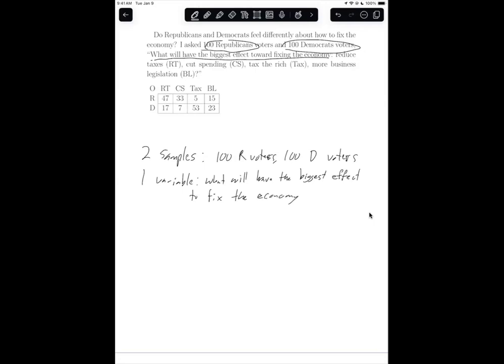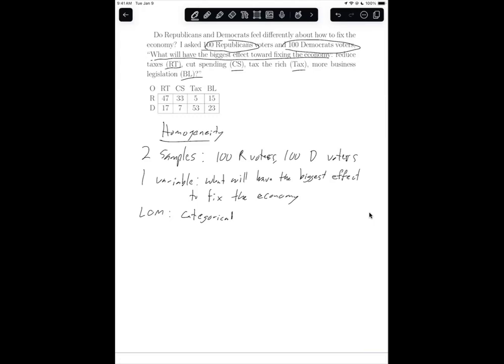And then the level of measurement is categorical, because there's no way I can objectively order the outcomes of reduce taxes, cut spending, tax the rich, or business legislation. And so because it's two samples, one variable, and the level of measurement is categorical, that's how we know the test situation is homogeneity.